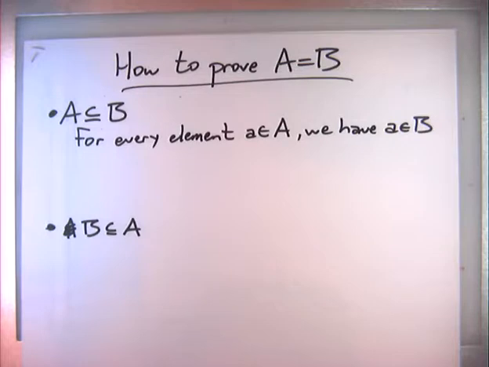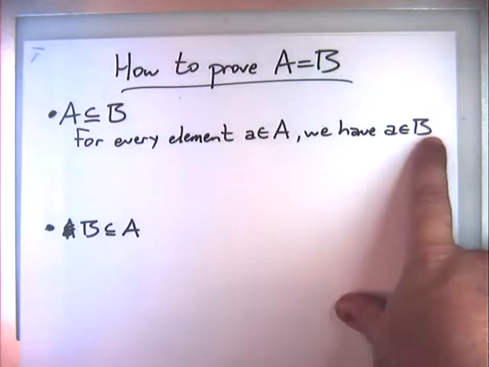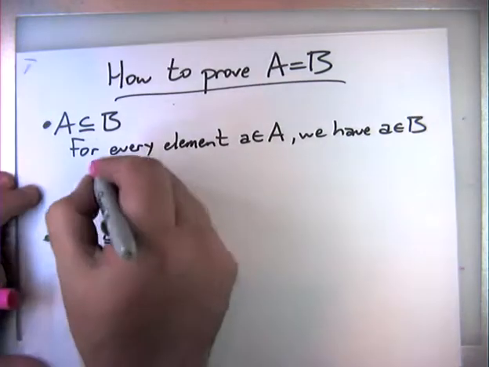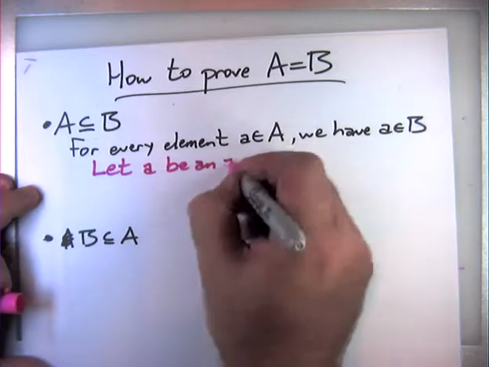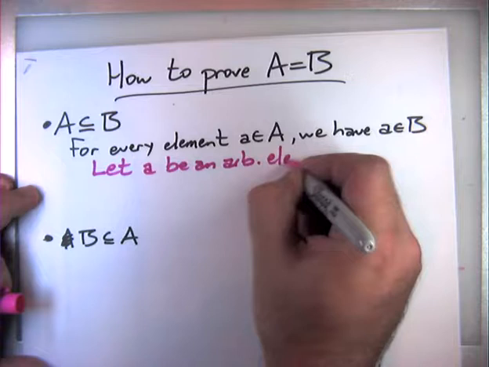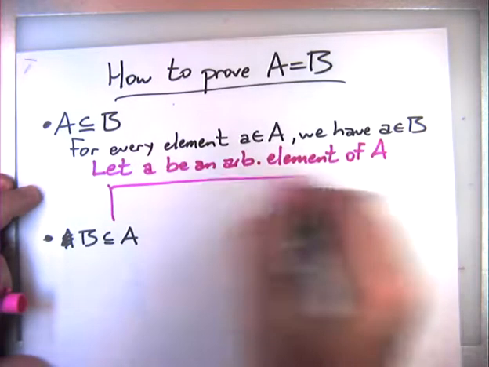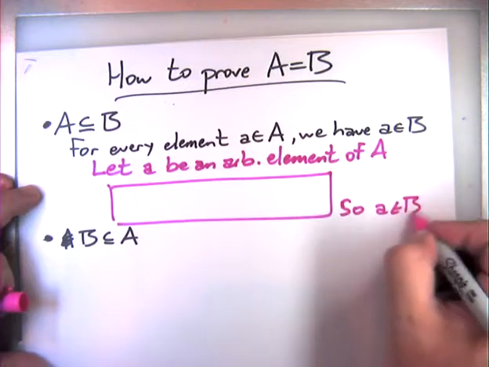What is the first line of the proof for this statement? Bow to your sensei. Let a be an arbitrary element of A, and then I have to do some work, and I conclude, so a belongs to B.